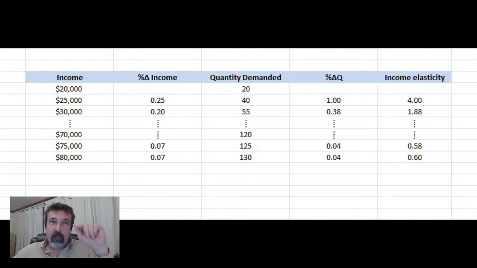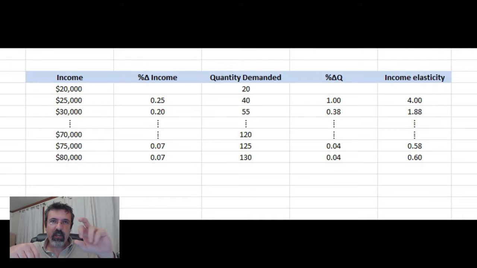At an income of $20,000, the person is demanding 20 units of the product. As the person's income goes up to $25,000, his demand goes up to 40 units. So that change from 20 units to 40 units is a percentage change of 100%. Going from 40 units to 55 units is an increase of 38%. Going from 120 to 125 is an increase of 4%.